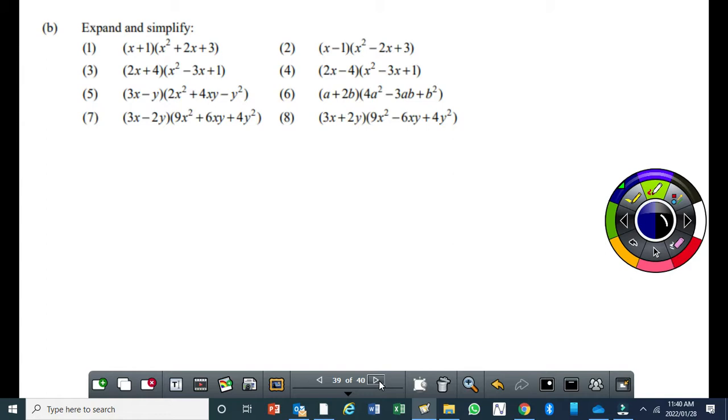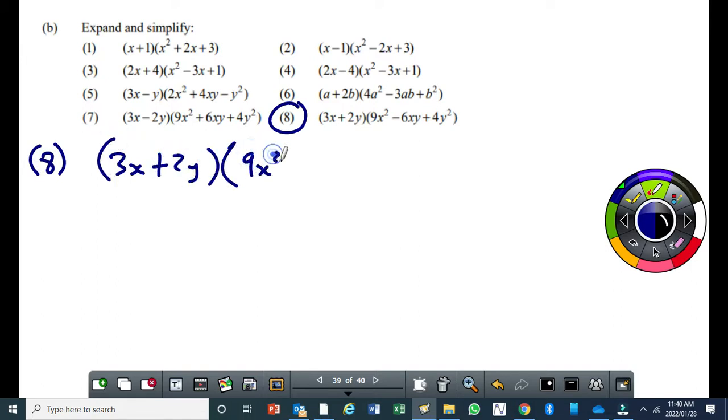Okay. I gave you B what here? B8. So it's this one here. Number 8, that's (3x plus 2y) times (9x squared minus 6xy plus 4y squared).